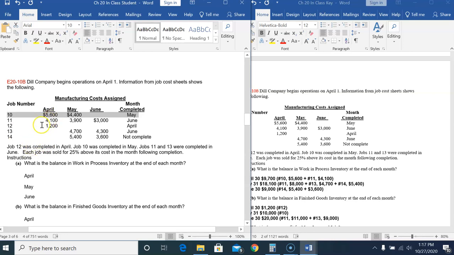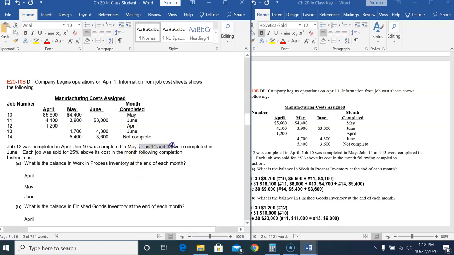So here it looks like this company had 5 jobs that they were working on during, it looks like, the months of April, May, and June. Job number 12 was completed in April. So it looks like all the costs were incurred and it was completed during April.